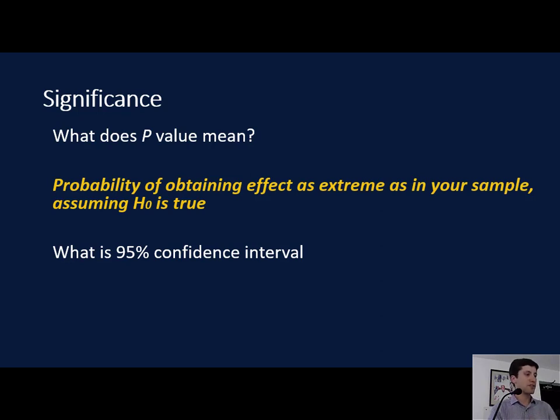And then we do the hypothesis test, and what we're really thinking of is the probability of getting an effect as extreme as the one that you found, assuming that our null hypothesis is true. It's a little confusing, but if we assume that the data are normally distributed, there's nothing interesting happening here, right?